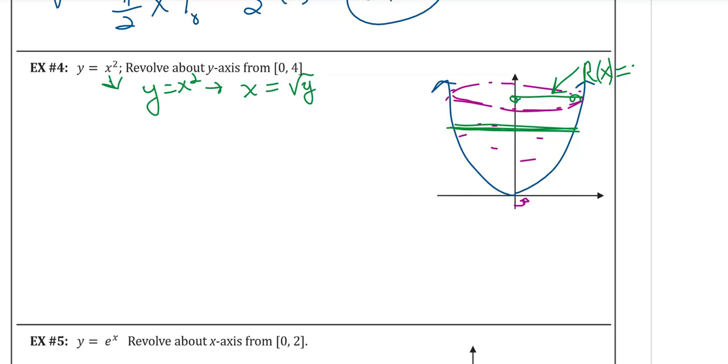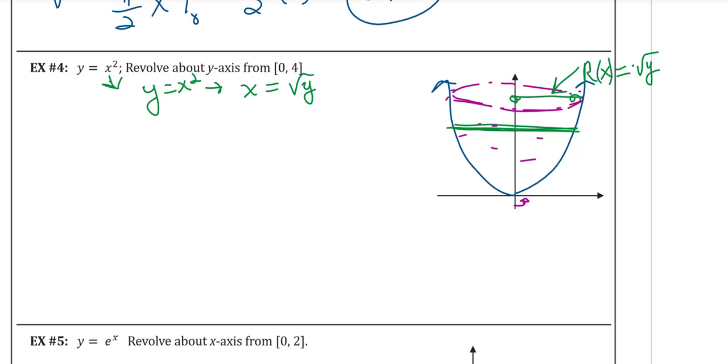So R is going to equal the square root of y. I'm sorry, I did that completely backwards. I apologize. I'm looking at the wrong problem. I was looking at the previous one on my paper. I apologize. So that is correct.